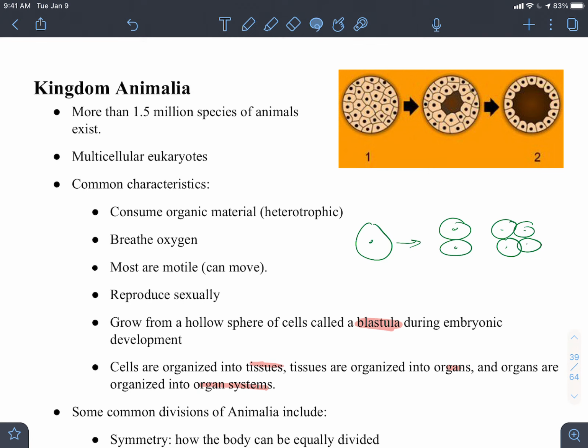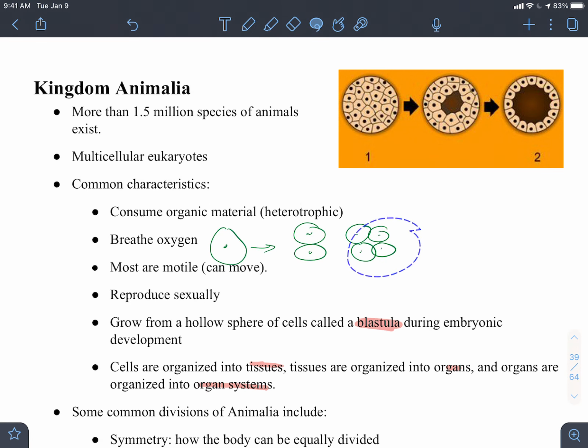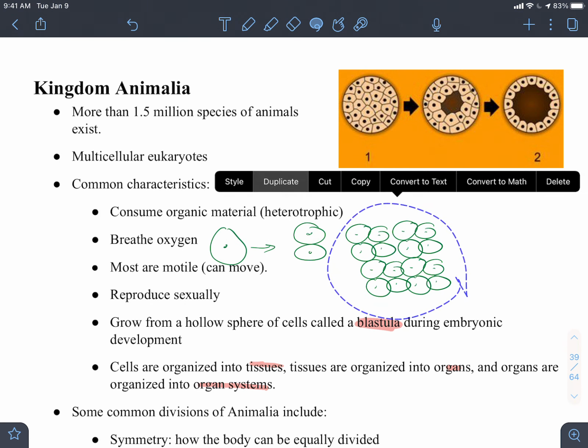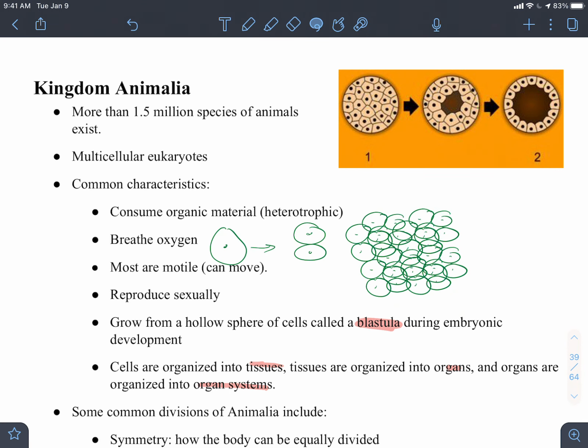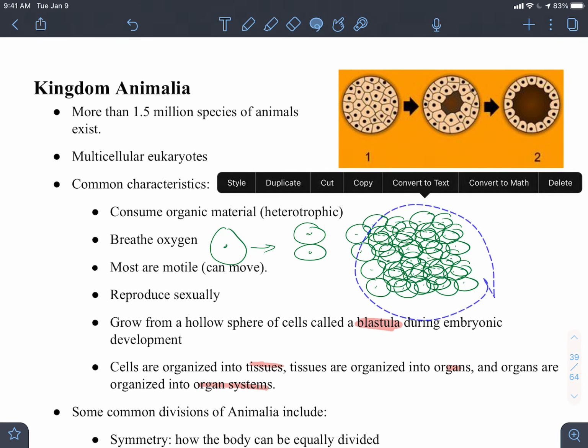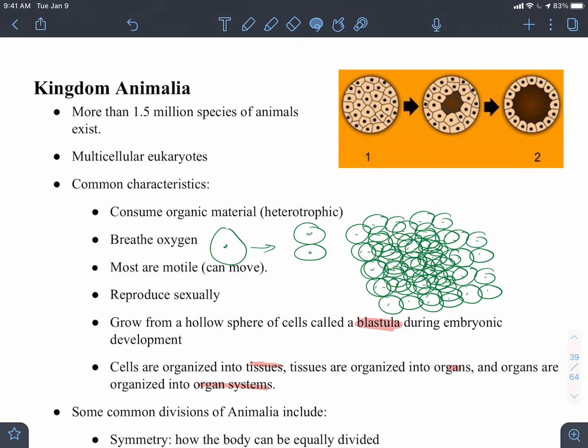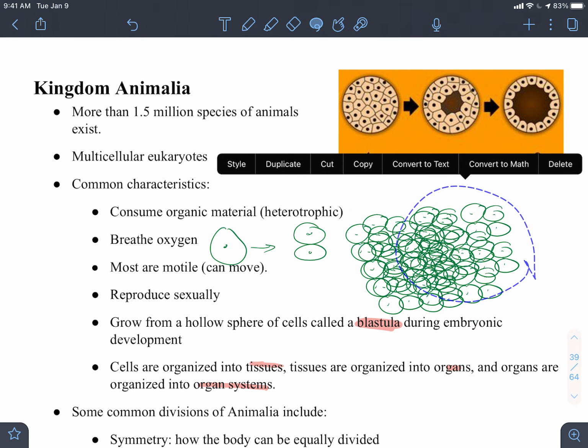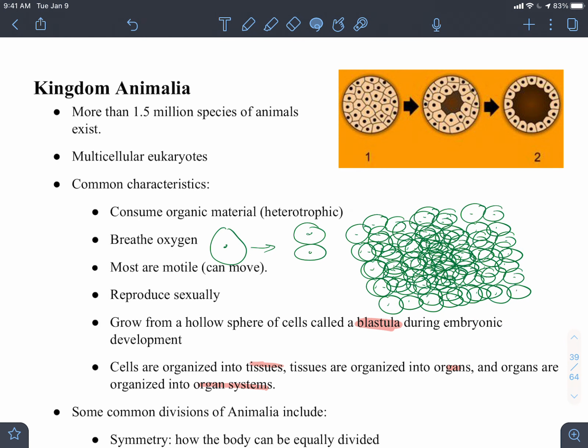And then each of those cells will divide into two more cells, so now we're up to 16. If you take this set of 16, all of those over time will divide into two. And it's got to be three-dimensional. Well, over time, it's just a big blob. And you've got like a big ball of cells.